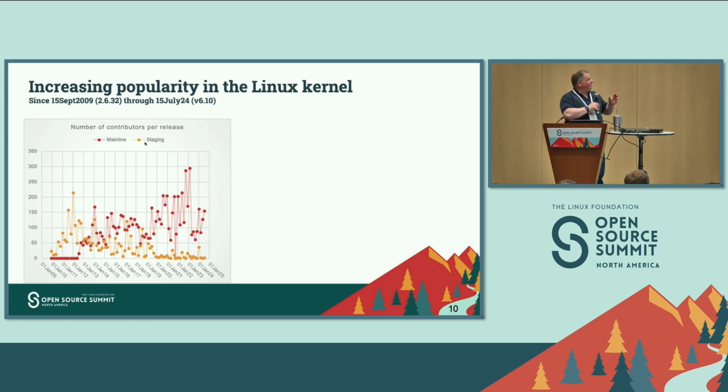When you look at the number of contributors per release, it goes anywhere between 300 people and about 50 people working on this on a daily basis, chugging along, adding device drivers, adding infrastructure, coming up with different use cases, closing the gaps on those use cases, figuring things out as we go along, just like any kernel subsystem does.